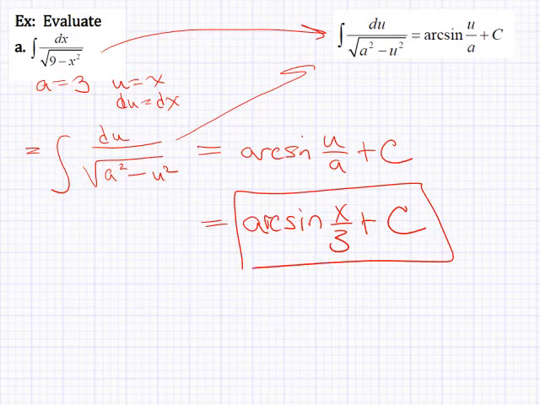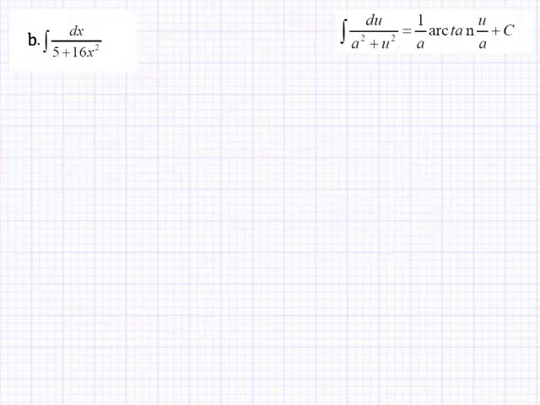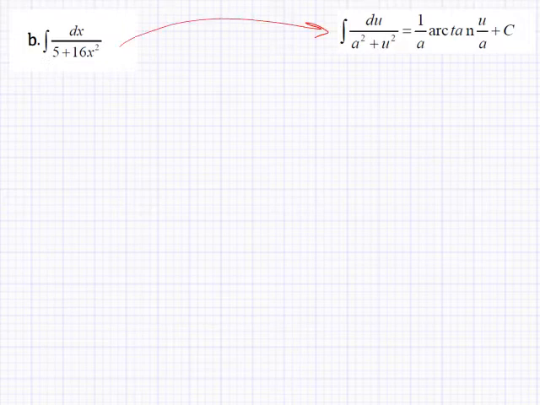But the key was recognizing the form. If you're not sure you got the answer right, you can always differentiate your answer, and this should bring you right back to here. We're not going to do that, and you can do that to check if you like in the future, but we're going to move on. So here again, pattern recognition. This has a pattern similar to the arctan.